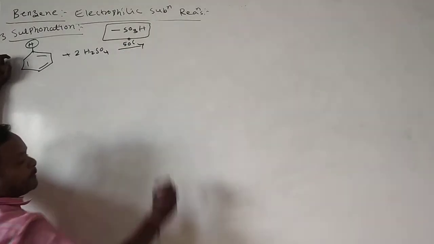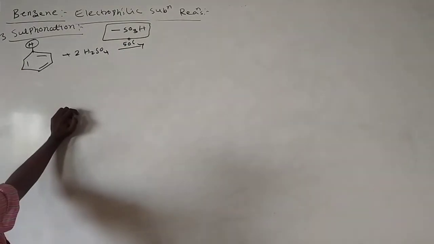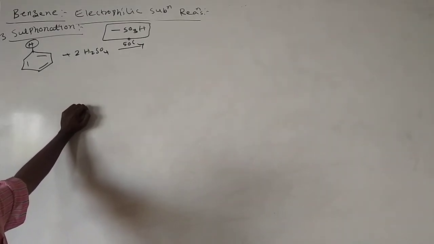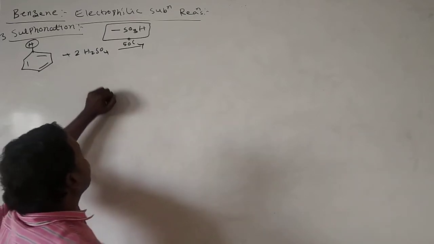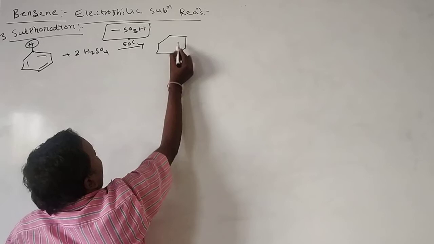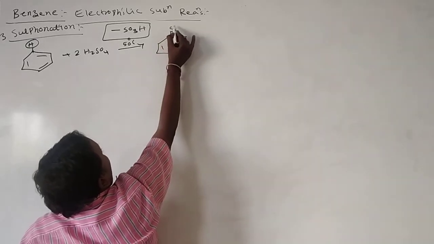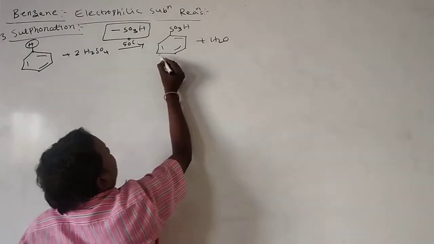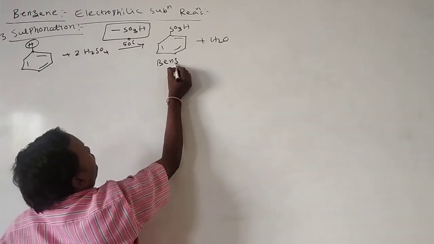Nitration was carried out at 60 degrees centigrade; this reaction is carried out at exactly 50 degrees centigrade. It forms SO3H along with water. This is recorded as benzene sulfonic acid.